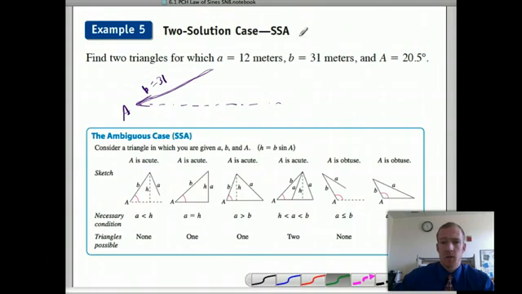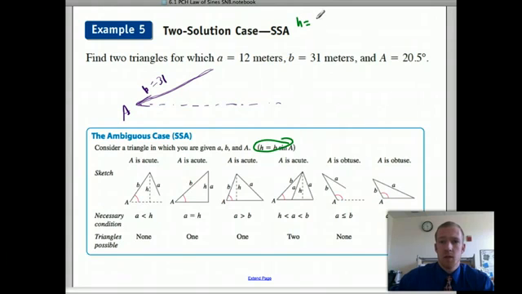So we can just figure out this. H equals B times sine of A, and that gives you approximately 10.86.